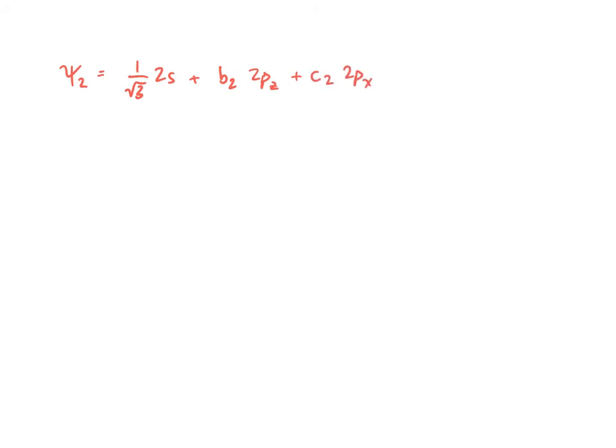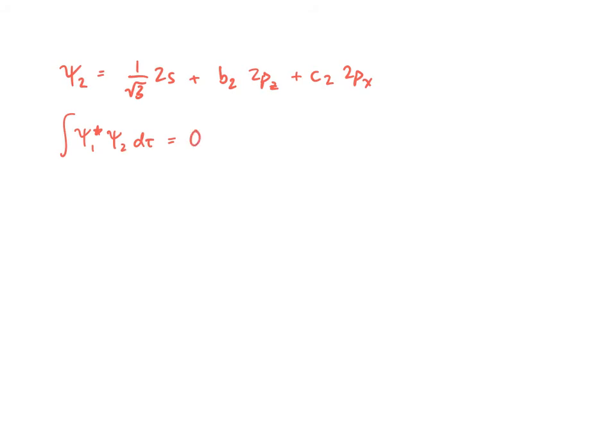And we can't just cancel out C2 this time because we're assuming that this hybrid orbital does not lie along the z-axis. So it's somewhere on the xz plane, but it's not exactly on that axis. So the first step is that we're going to require that the integral of psi1 and psi2 integrated over all space is orthogonal. So those need to equal 0.